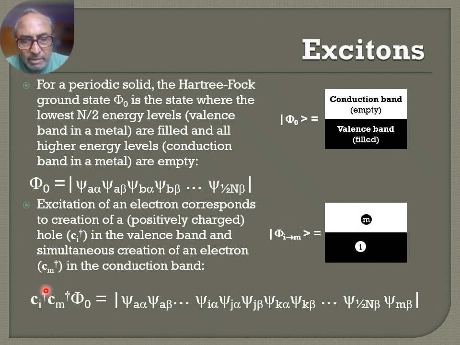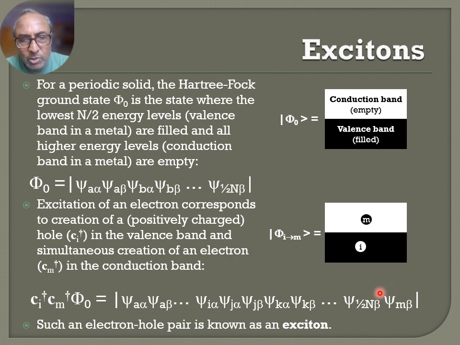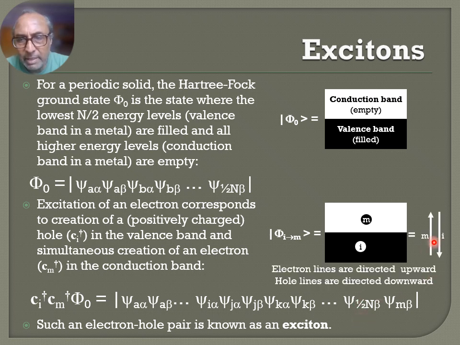Thus, we create a hole in the valence band and an electron in the conduction band by promoting an electron from the level I in the valence band to the level M in the conduction band. Such an electron-hole pair is known as an exciton and is represented by a diagram like this, where the electron lines are directed upwards and hole lines are directed downwards.